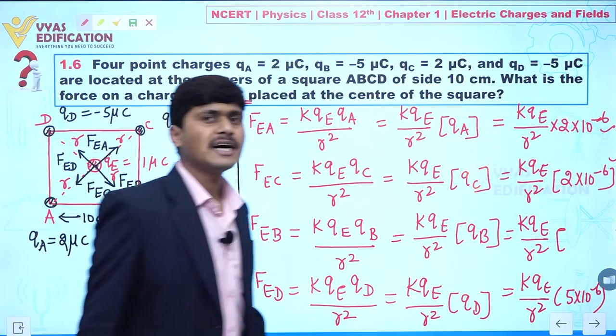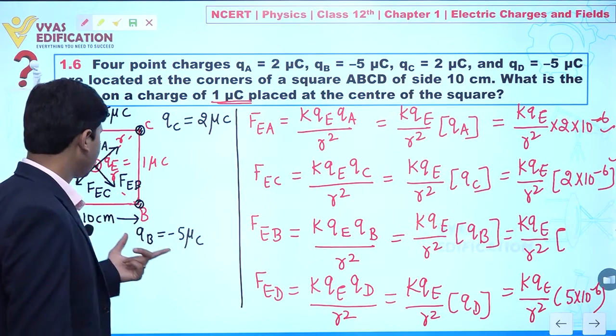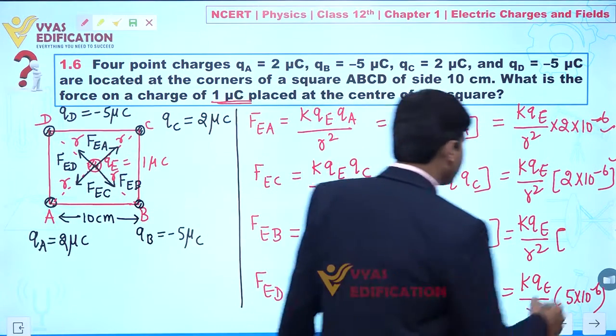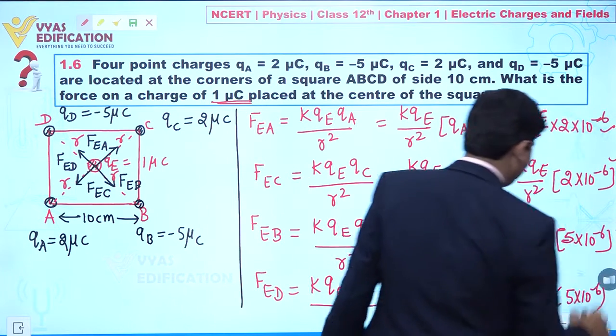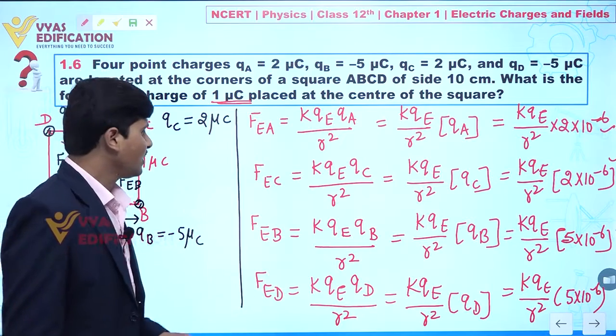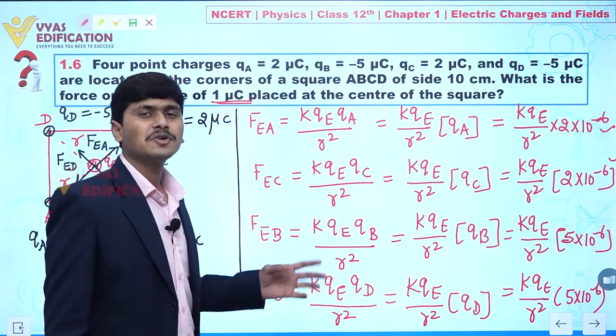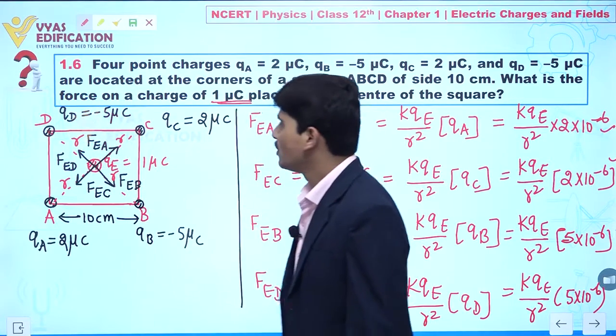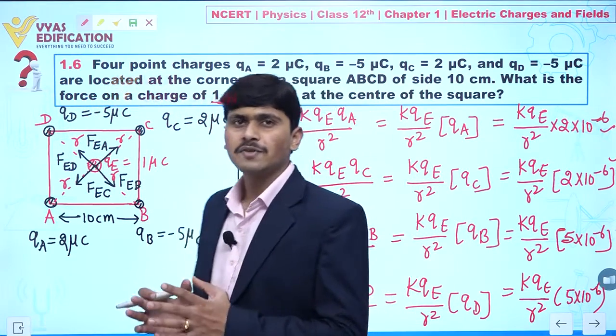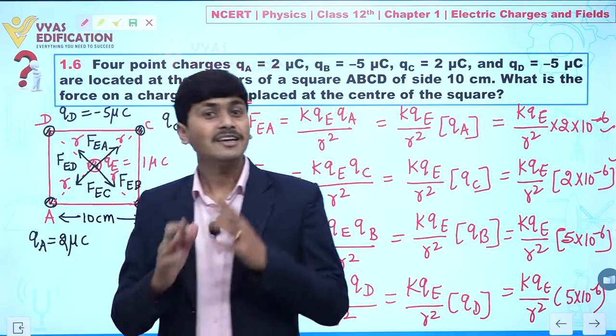Now what is the charge at point B? We can say this is minus 5 microcoulomb, so 5 into 10 to the power minus 6. Clear? Now you can clearly see F_EB and F_ED are both the same in magnitude but opposite in direction.